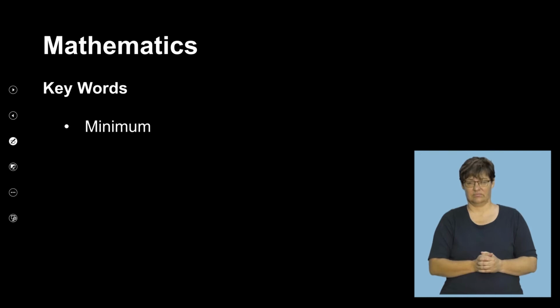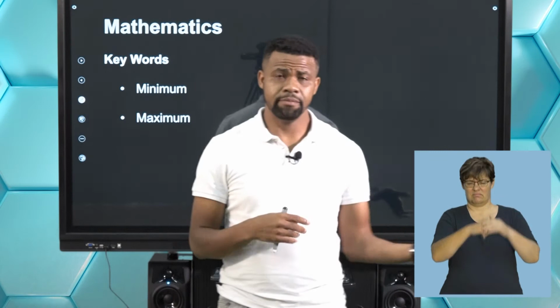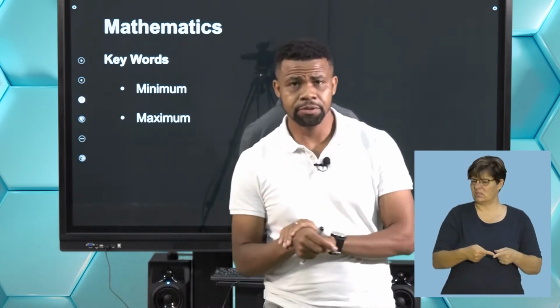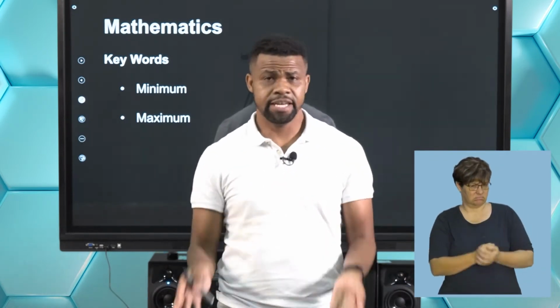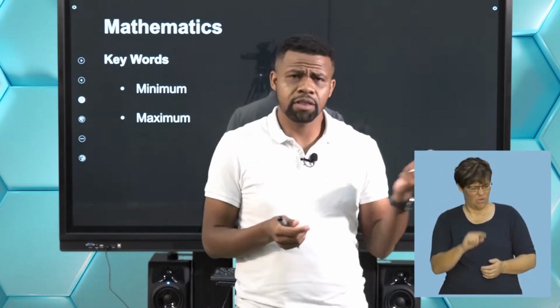Let's look at some keywords: minimum and maximum. What is a minimum value and what is a maximum value? In a given set of data, the lowest value is the minimum value and the highest is the maximum. Why do we care about the minimum and maximum? They're very important. We can study whether the data is consistent.